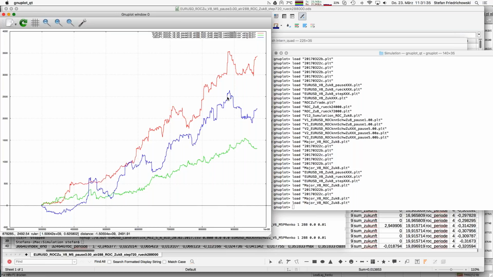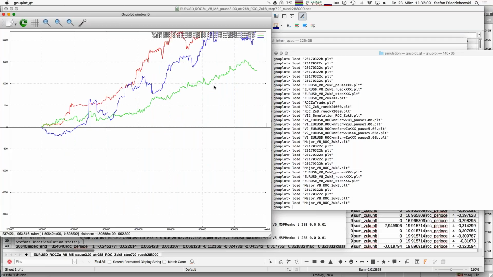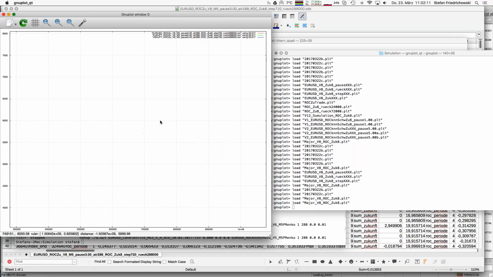That means I derive the rules in some history period, and by the way, this history period in this case is 288,000 candles. And I apply those rules for the next, and that is the name, step 720, the next 720 candles. Applying those rules in the future and looking at the results is exactly the equity we have here.